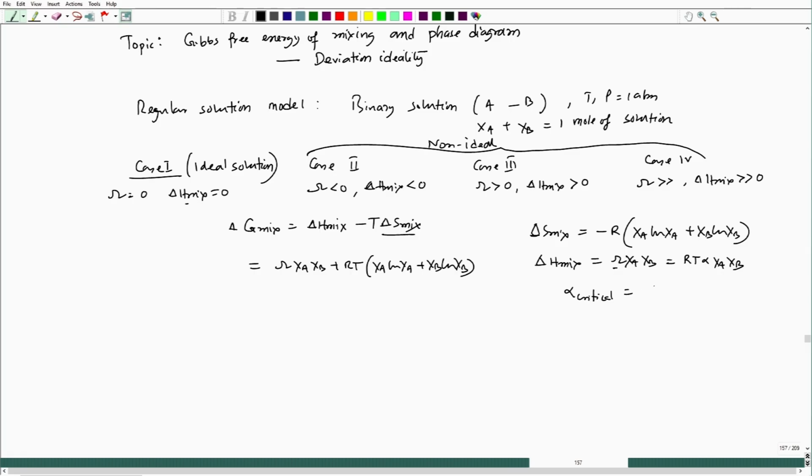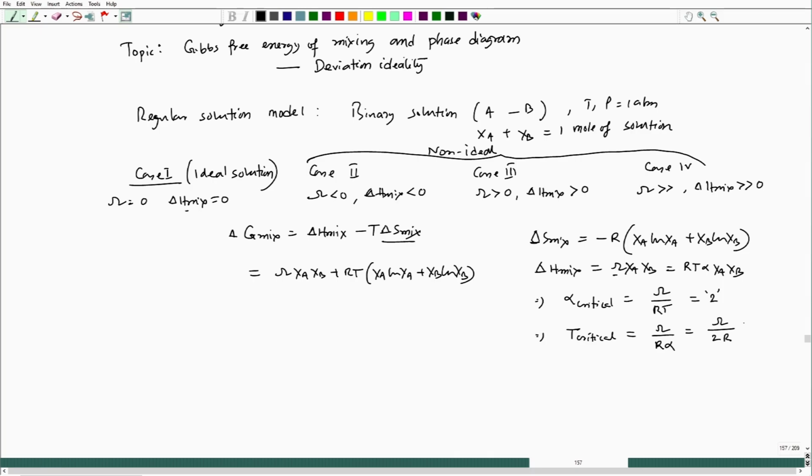So, that can be related to omega by R T. In fact, from this we can actually get T critical. So, T critical is nothing but omega by R alpha, and since alpha critical we have found as 2, we can write it as 2 R. So, we can see that T critical can also be found out as omega by 2 R.